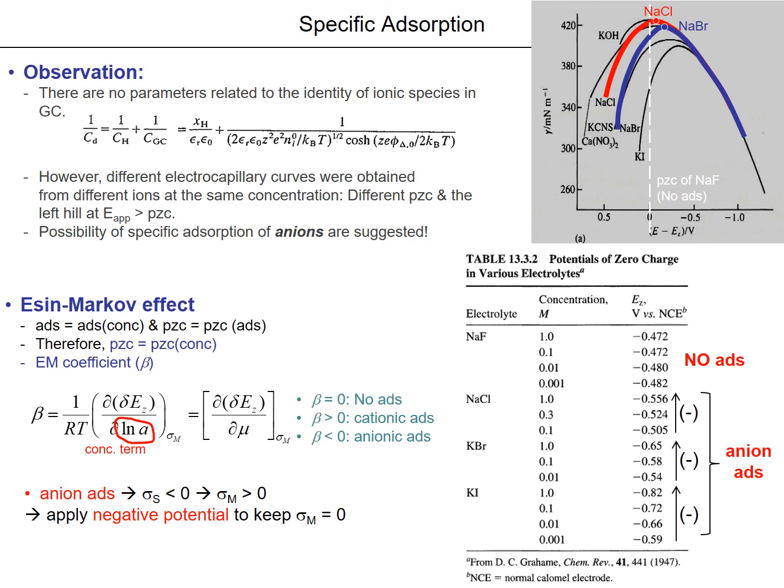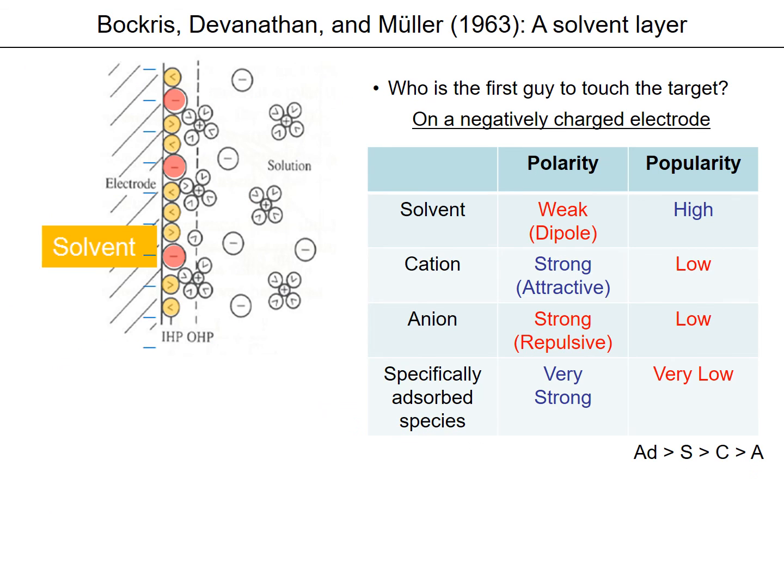Then in our modern model, we have specifically adsorbed species in the inner Helmholtz layer. We have one more thing.